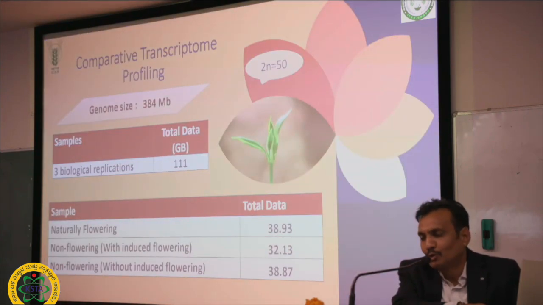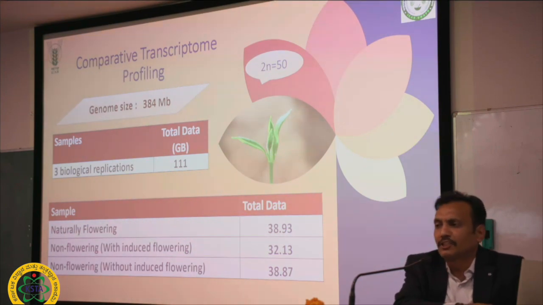So to identify what the actual issue was at the molecular level, we performed a comparative transcriptome. In this case, in 3 biological replications, we generated more than 111 GB of data.